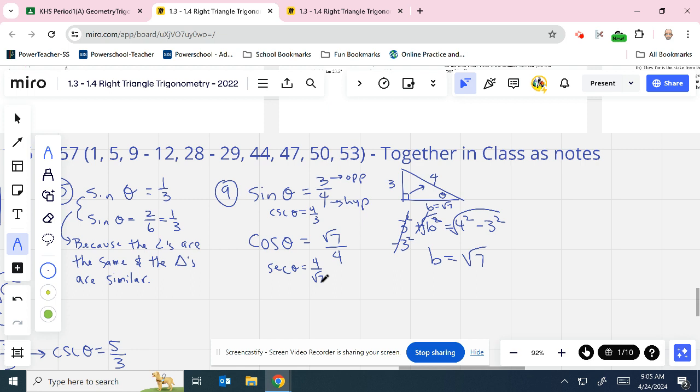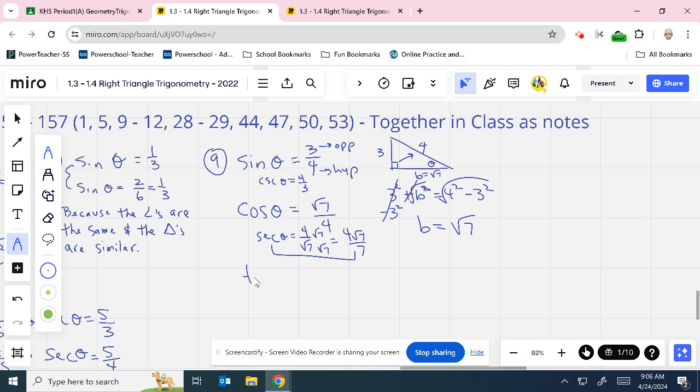You're not allowed to keep a radical on the bottom. So we have to get rid of that radical from the bottom. You multiply radical 7 on top and bottom, so your secant is actually going to be 4 radical 7 on top and a regular 7 on the bottom. You have to use rationalizing the denominator to get rid of that radical. So that's an exact answer for secant. Cosine is just radical 7 over 4, because radical 7 can be on top, just not on the bottom.